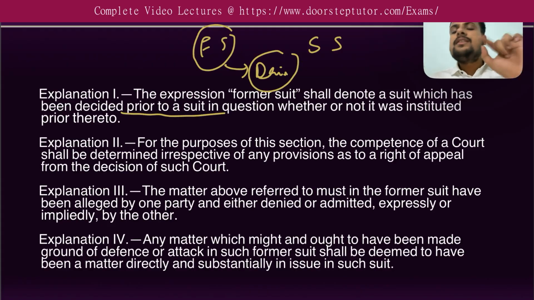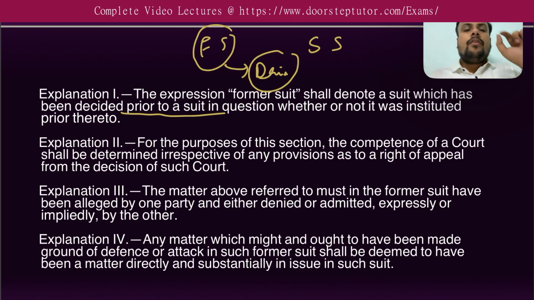So even dates do not matter here. The date of institution of the suit does not matter in the case of a former suit. We will calculate based on the day when the case is decided. So, a former suit means a suit which is decided before this present suit, whether or not it was instituted prior to it does not matter.